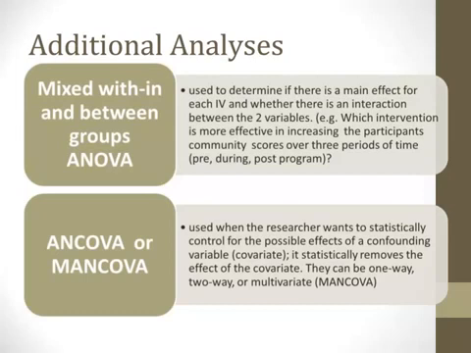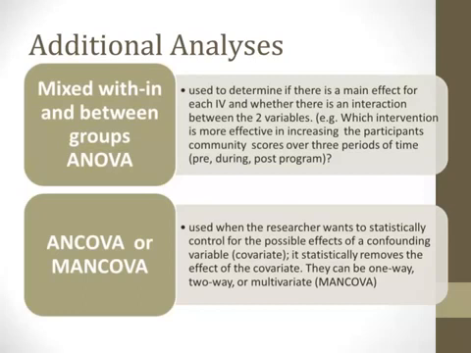Now, you can add a covariate such as a pretest, or it doesn't necessarily even have to be a pretest. It could be another confounding variable such as gender or something else. But anyway, if a researcher ever wants to statistically control for the possible effect of a confounding variable, he or she adds a covariate to the analysis.